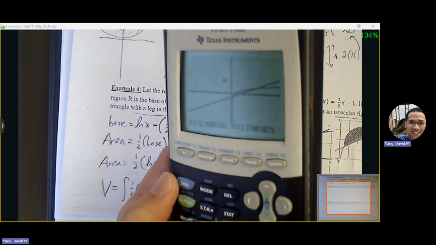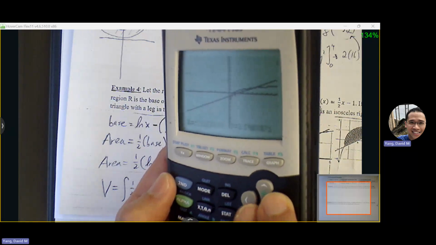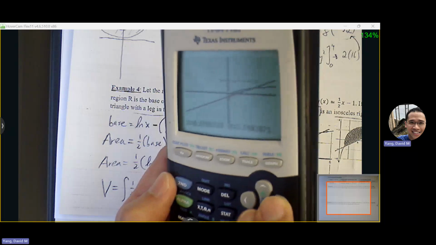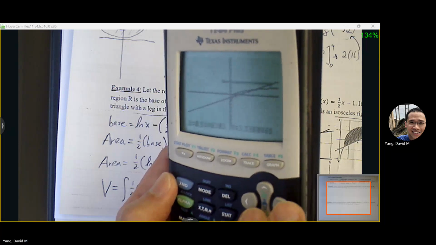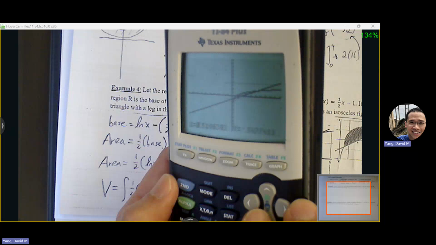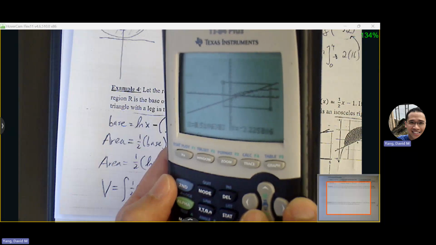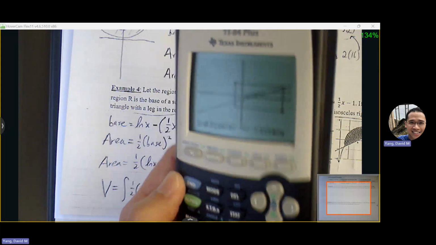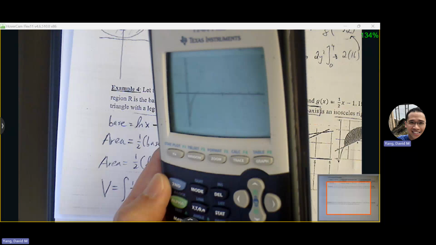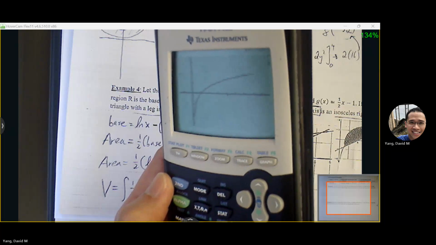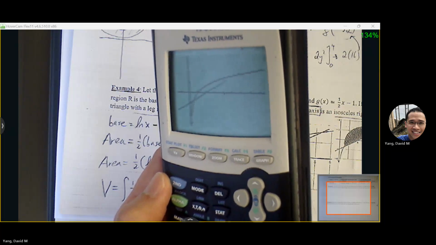Hit enter, and then go ahead and draw your box using your directional arrows. Once you have the box drawn, you can hit enter again, and then it'll zoom in on that box. That's much better.